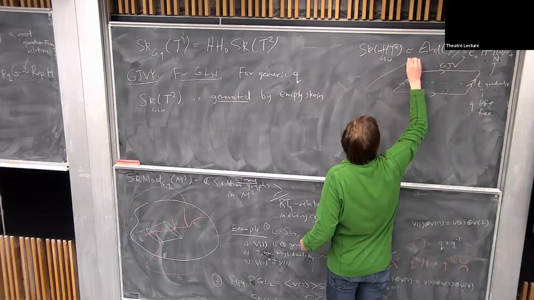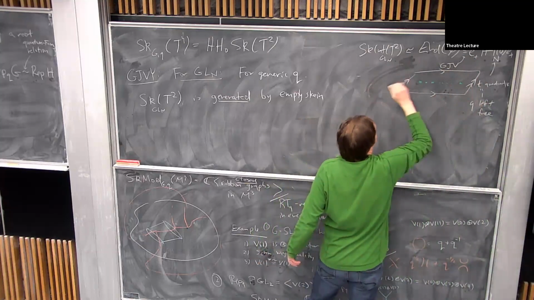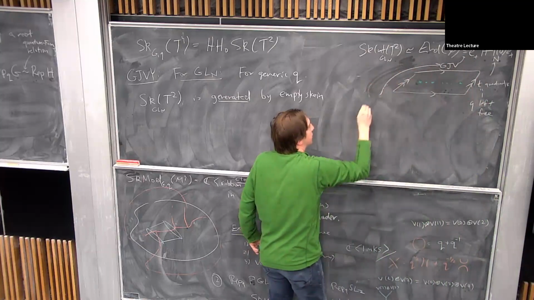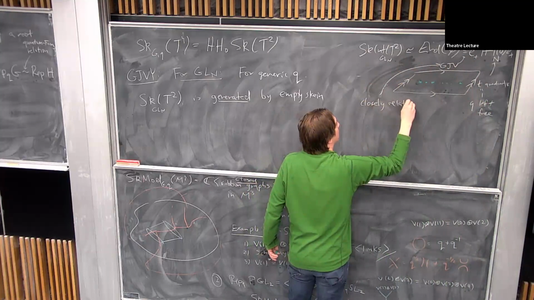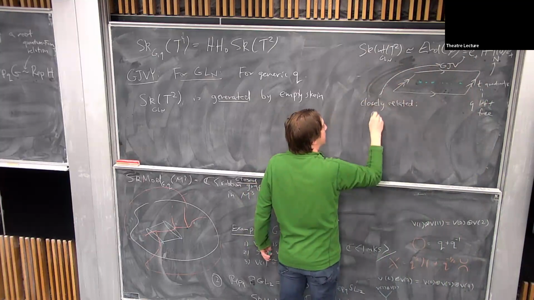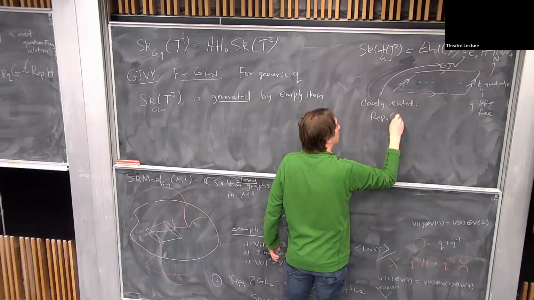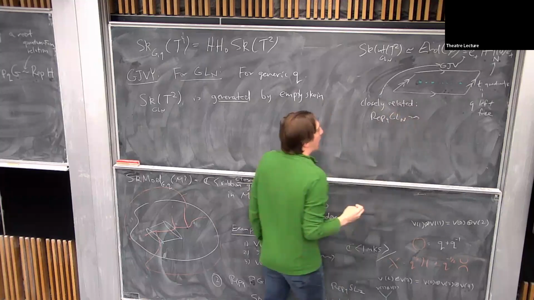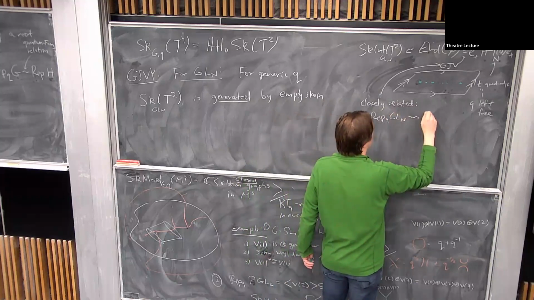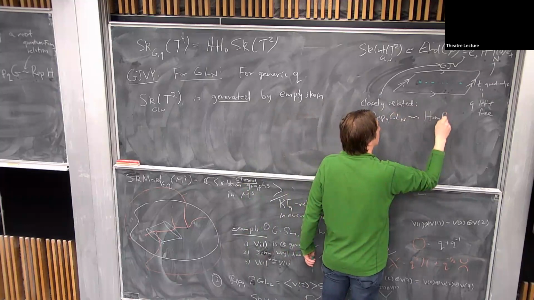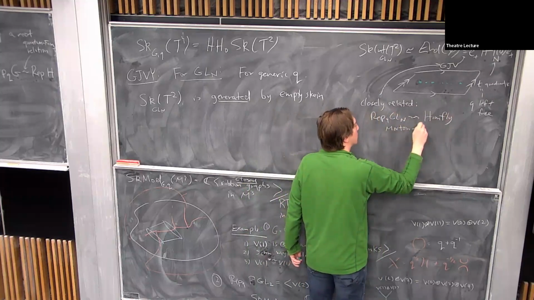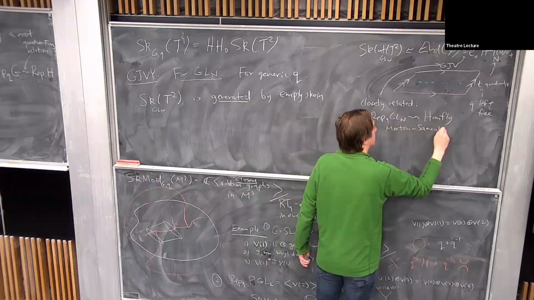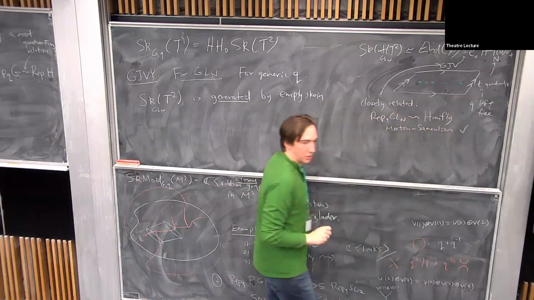I want to emphasize that there are two very closely related results by people here. I hope I don't butcher them. If we replace Rep_q GL_N by the Humphries category, then Morton and Samuelson have the same results.